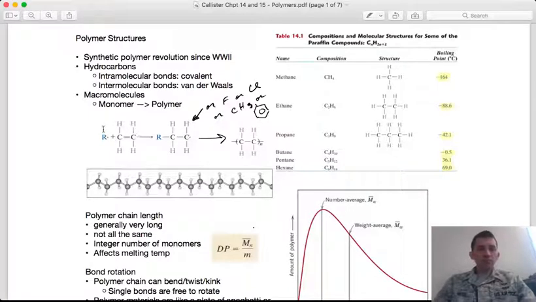So there's covalent bonding within the chain, and then in between chains, there's no permanent bond. Instead, we only have weak intermolecular bonds, right? Van der Waals. If you recall, van der Waals are due to instantaneous dipoles. And so carbon and hydrogen, neither one of those is particularly electronegative, and so it's not a highly polar bond.